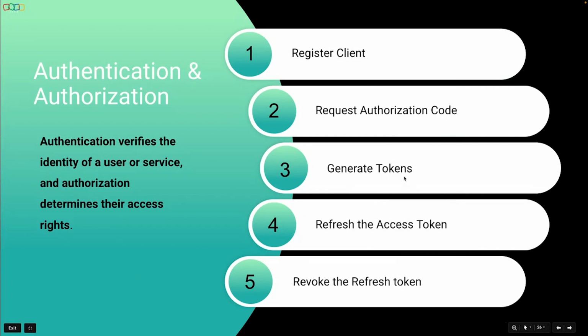Hence, if you want to refresh the access token, that is where the fourth step comes into play. The fifth step is once the API is no longer needed. That is when you can revoke the refresh token in order to revoke the access of the API. Let's look into each of the 5 steps individually in detail.